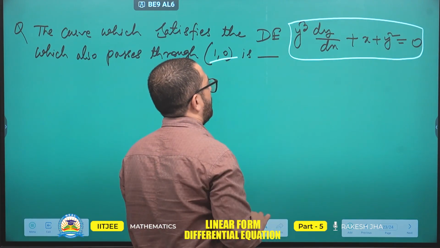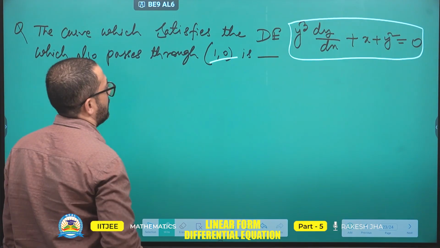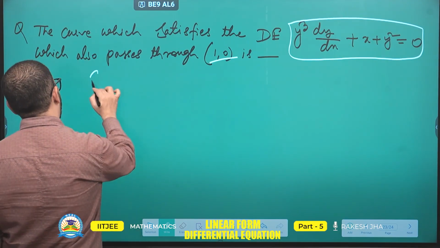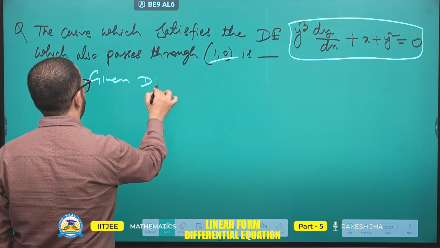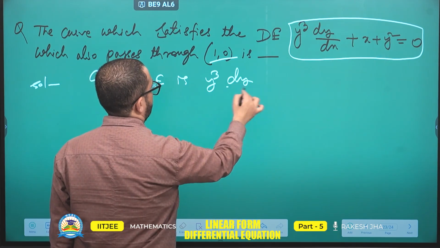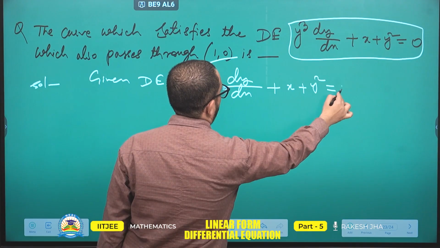If you want to solve this, we have to go for some substitution because the normal method will not work here. The given differential equation is y cube times dy by dx plus x plus y square is equal to 0.